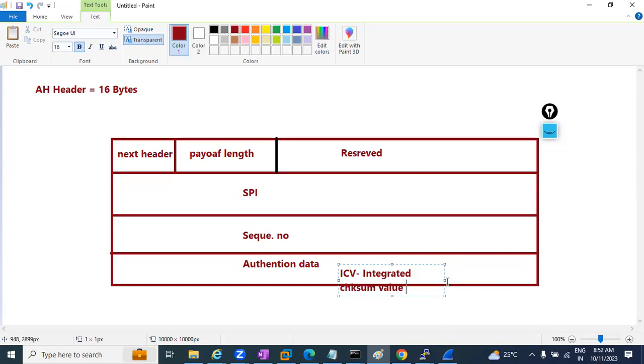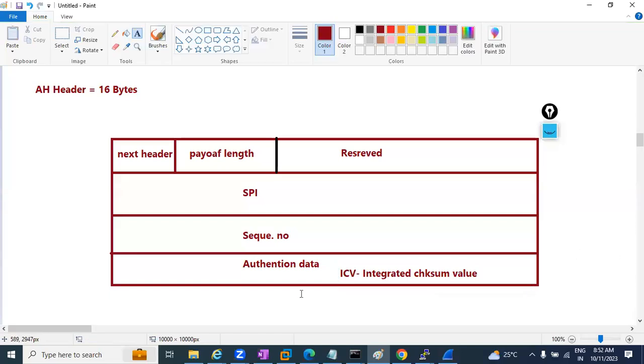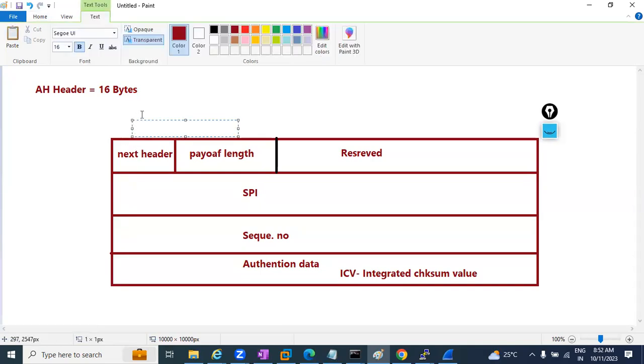Because what exactly does authentication do, guys? It is only integrity. So next payload header is about 1 byte, 8 bits. The next is the payload length, also 1 byte. This is also 1 byte.